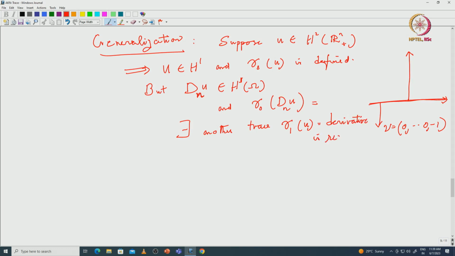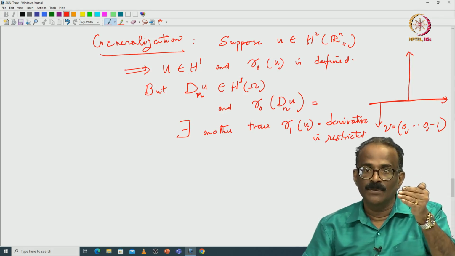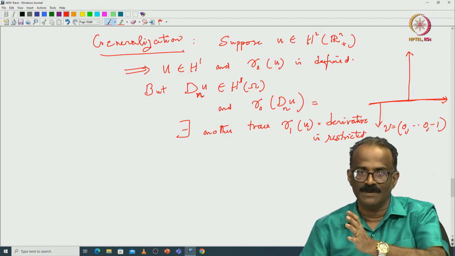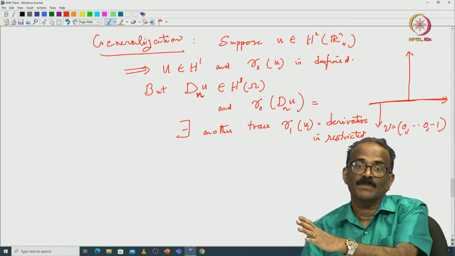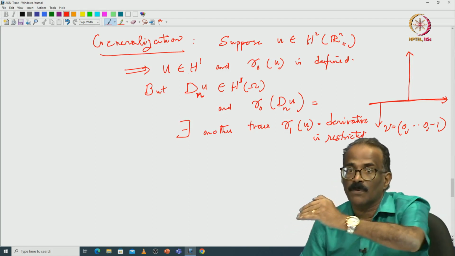So, if you take u in Hm, you can restrict u, its derivative, second derivative, third derivative, till you get n minus 1 derivatives. So, you have trace maps for all that.